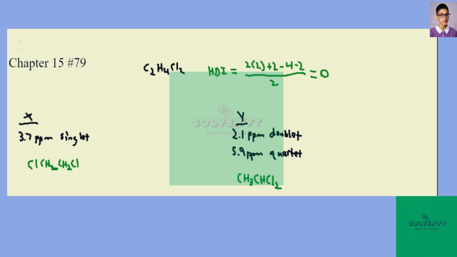In this case, our doublet at 2.1 ppm, I'll call that signal 1, is going to be these hydrogens. And our other signal, signal 2, is this single hydrogen split into a quartet by its 3 neighboring protons. Okay, so there are our structures for X and Y.